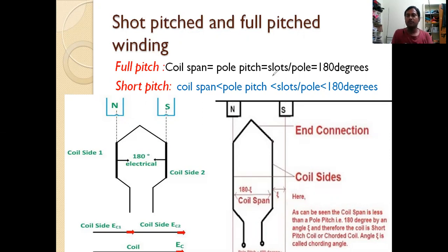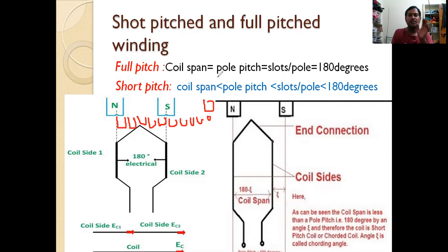Otherwise, another formula is slots per pole. Slots per pole means, for example, between the north and south there are one, two, three, four, five slots. Then another north pole is there, with one, two, three, four, five, six.